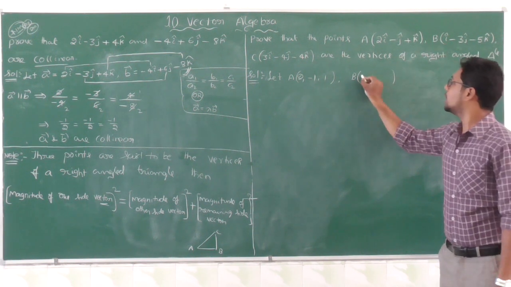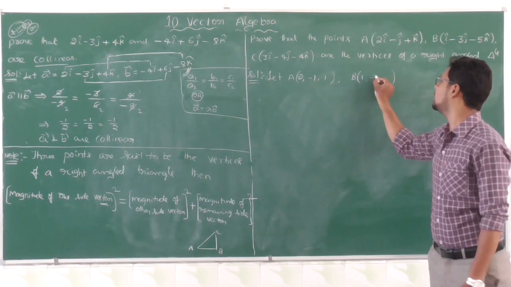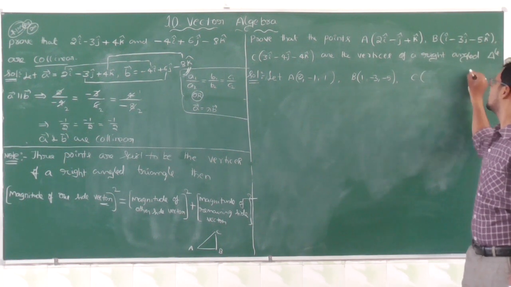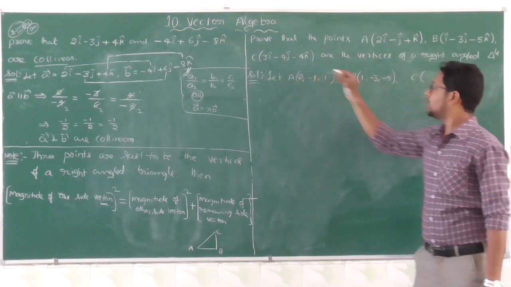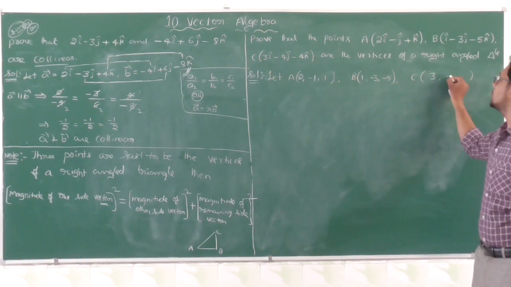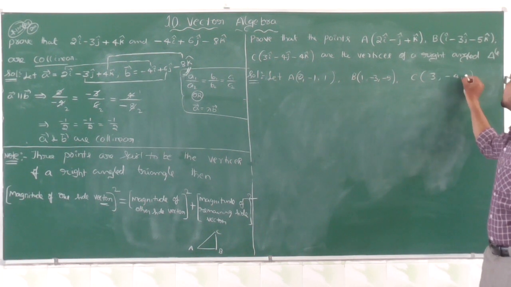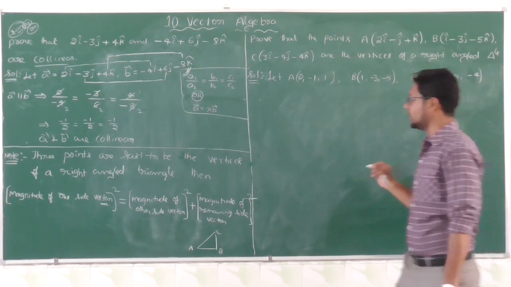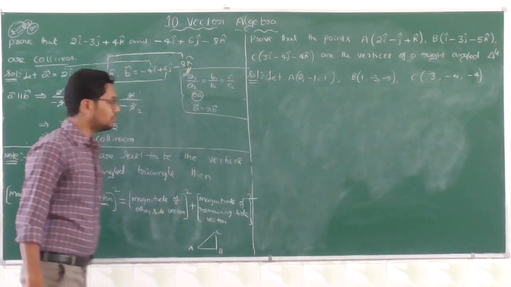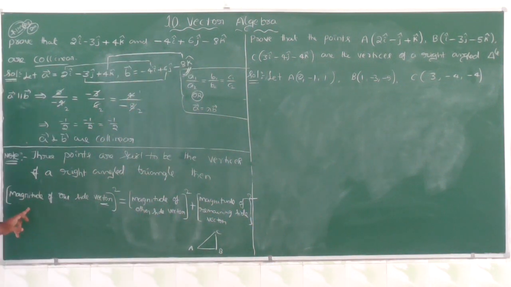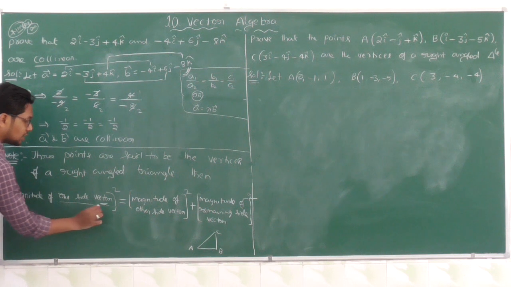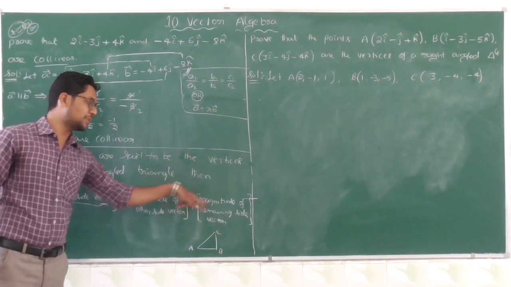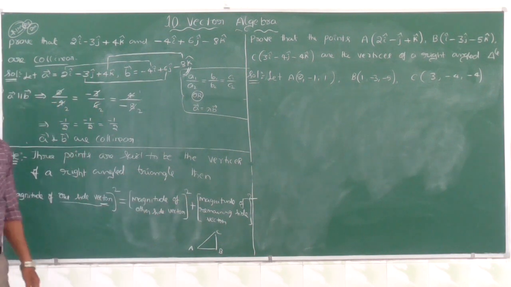I component is 1, j component is minus 3, k component is minus 5. And C: i component is 3, j component is minus 4, k component is minus 4. First, we see that the magnitude of one side vector squared equals the magnitude of the other side vector squared plus the magnitude of the remaining side vector squared.